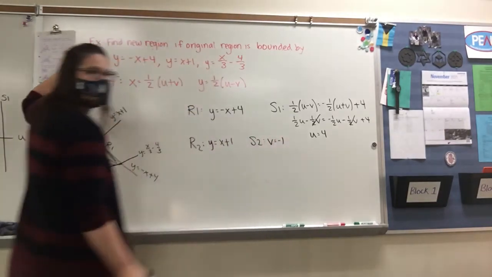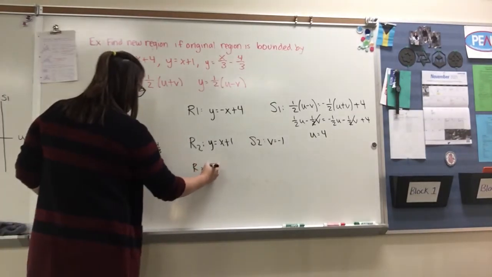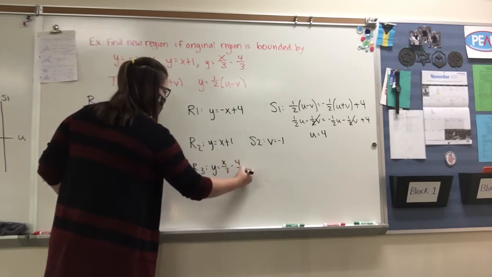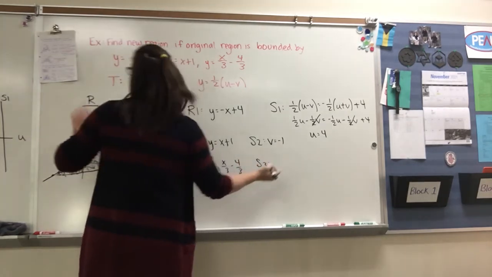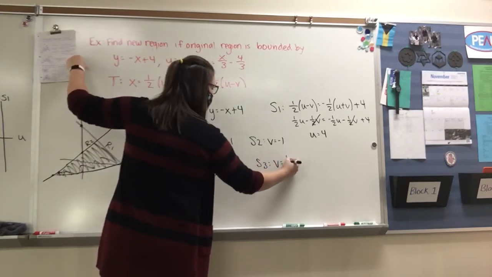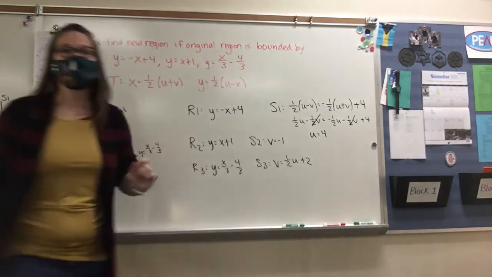Does that sound about right? Good. And then my last section, R3, was y equals x thirds minus 4 thirds. So my new section, I got to be this one, not as nice, but v equals 1/2 u plus 2. Yes?